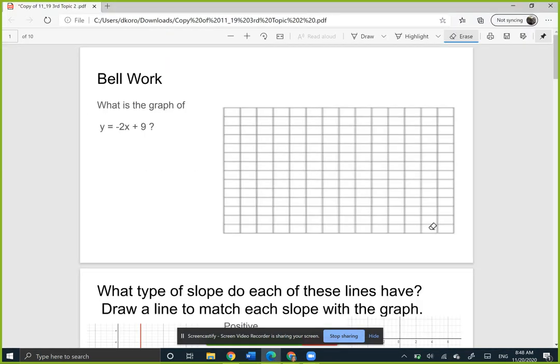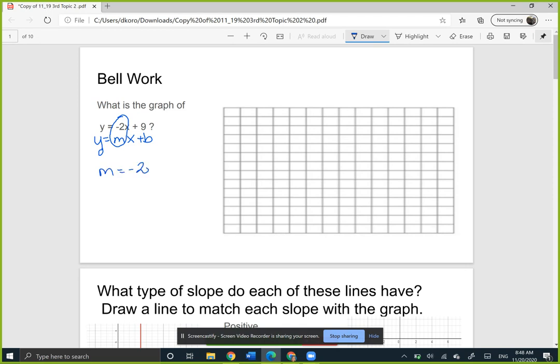So the first thing we want to do is identify our slope and our y-intercept. My favorite way is to write the slope-intercept form right below it. Y equals mx plus b. Okay, so your m is negative 2. So that's your slope.